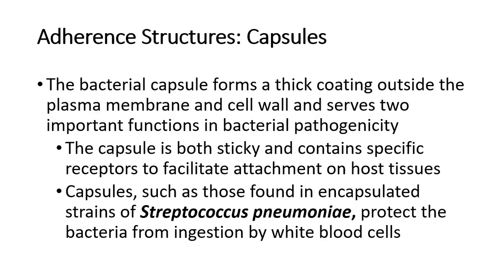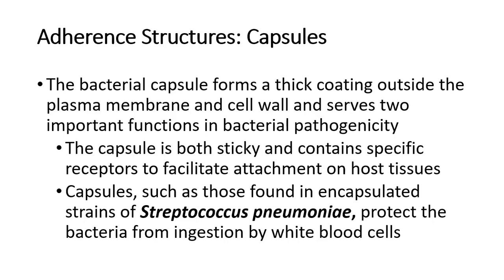The capsules such as those on, I said strep pneumo, that's an encapsulated strain, protect the bacteria from being ingested, because when these white cells try to grab a hold, they can't grab a hold of them. The white cell is going to try and just go around and surround it and engulf it, phagocytize it.